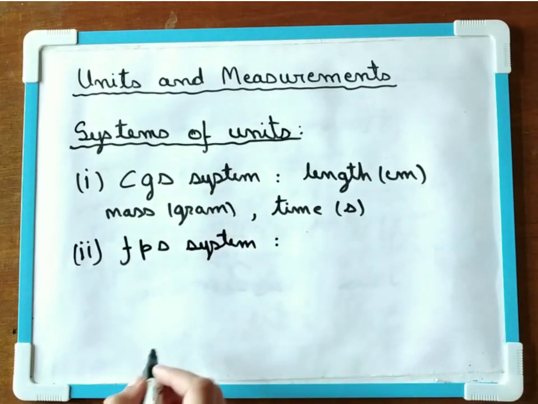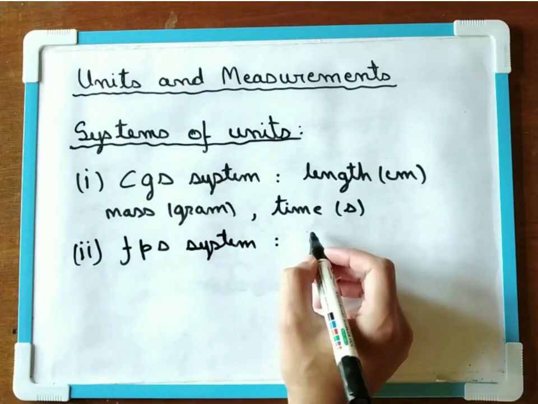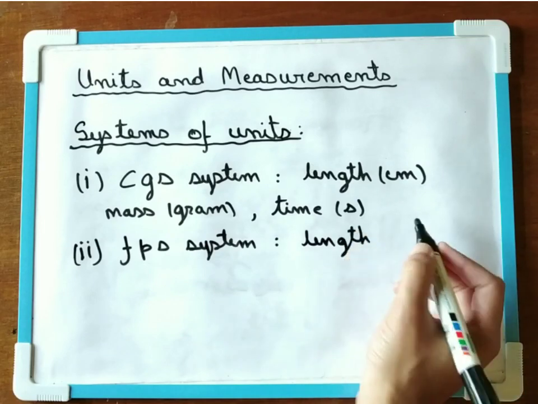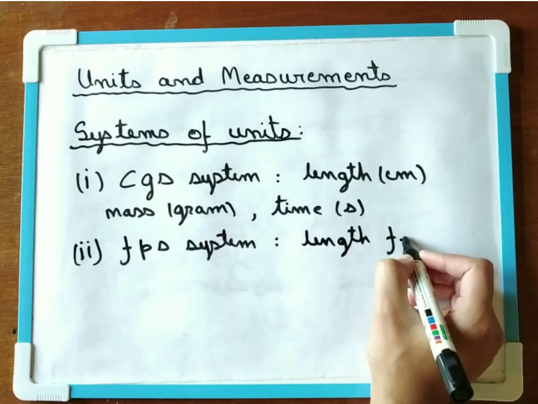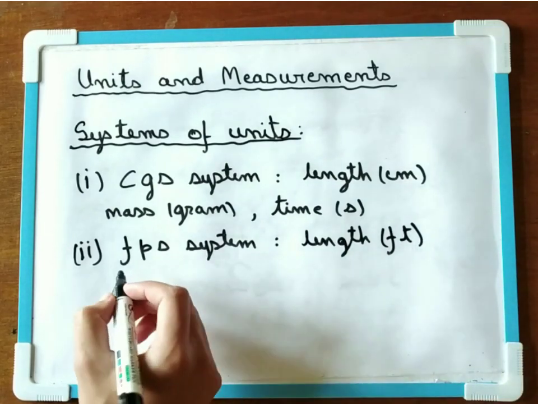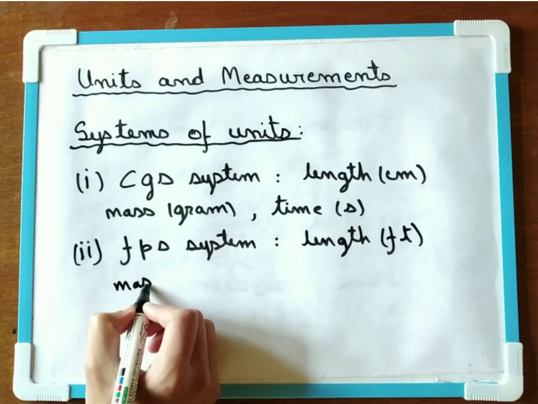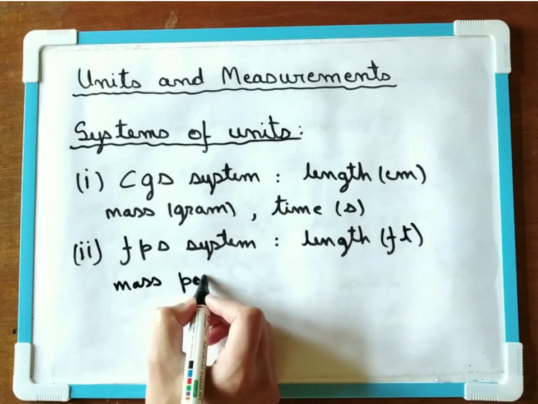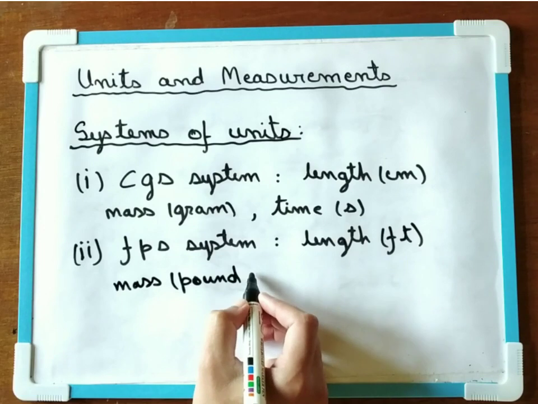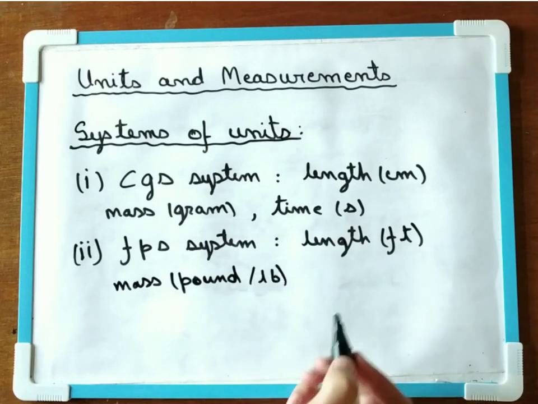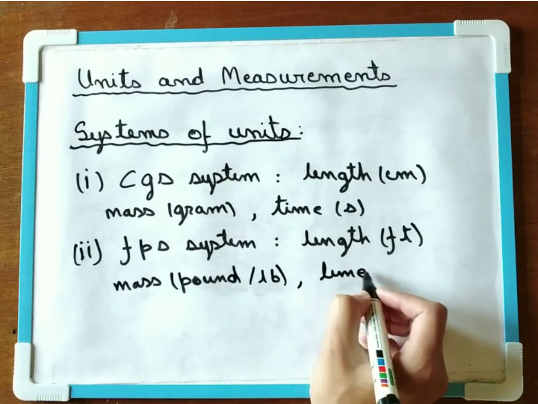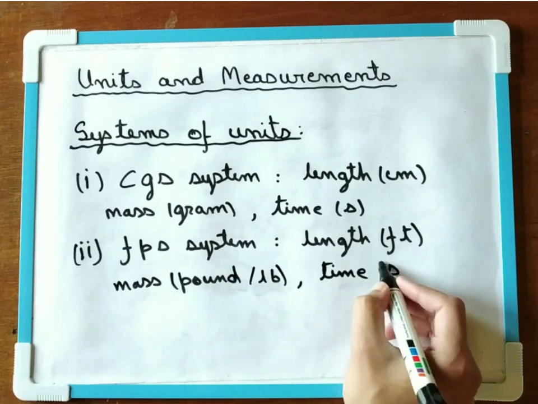Now, in this system of unit, we measure length in terms of foot, then the mass in terms of pound, or simply lb, and time in terms of second.